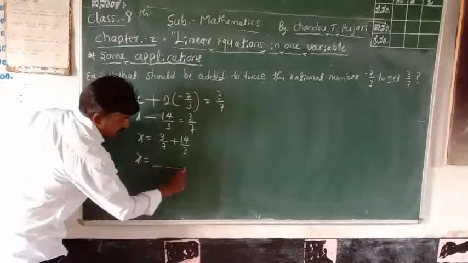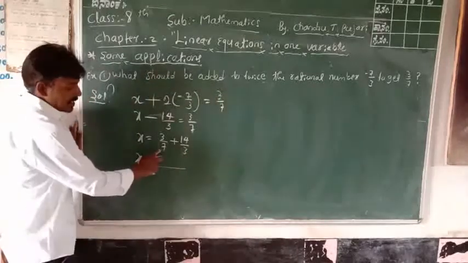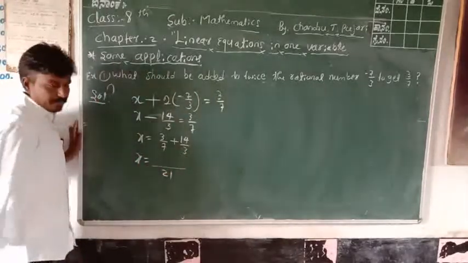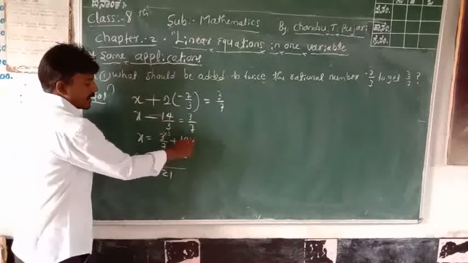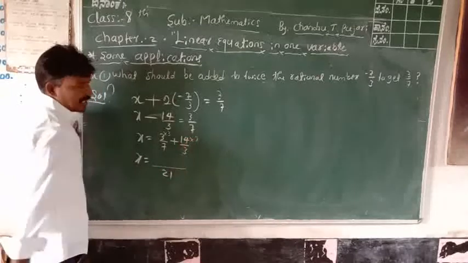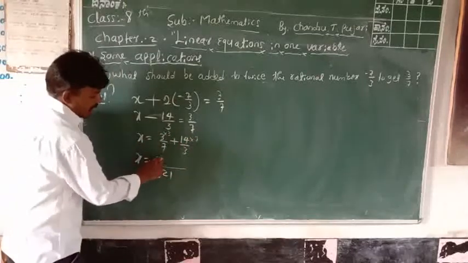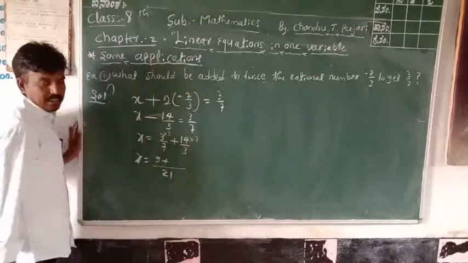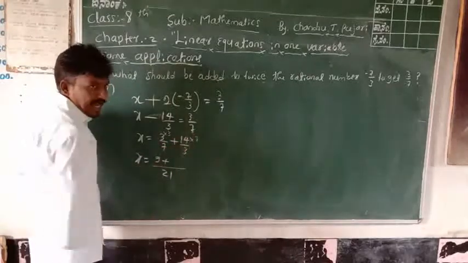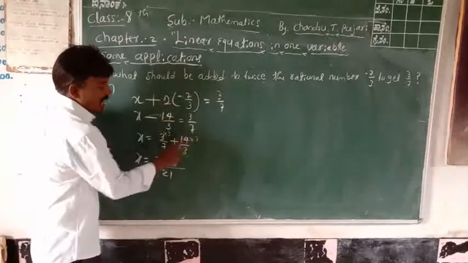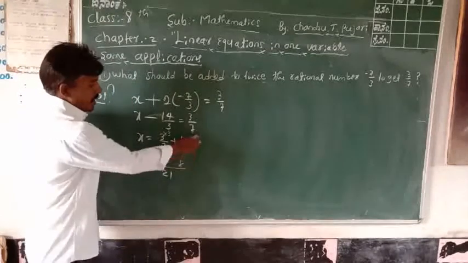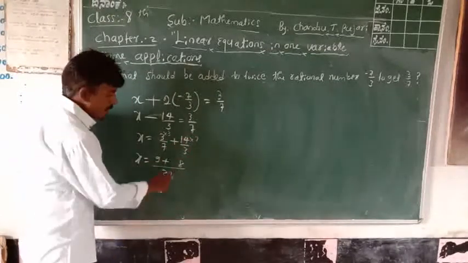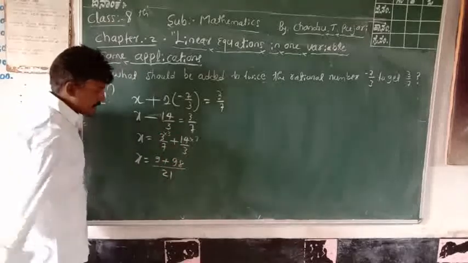One denominator is 7 and one denominator is 3, so you can take the LCM of the denominator. 7 threes are 21. Therefore, 3 sevens are 21, 3 threes are 9, plus 14 sevens are 98.